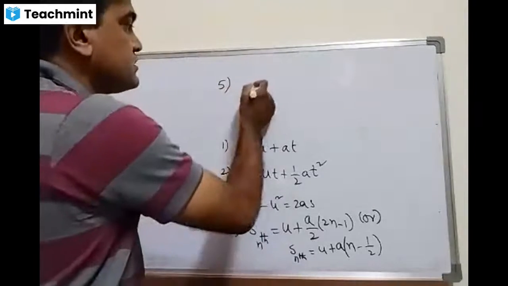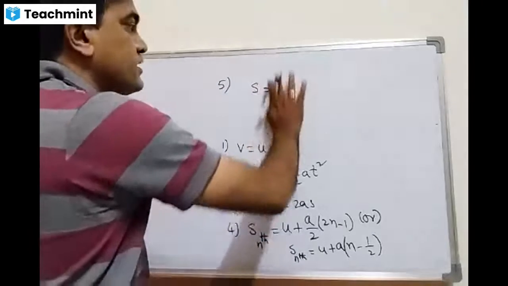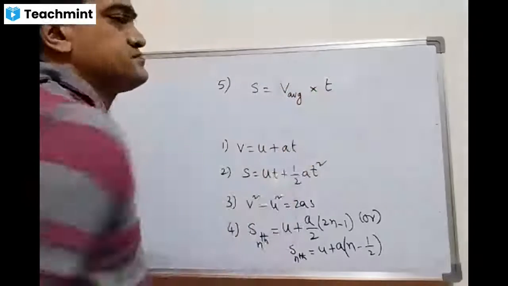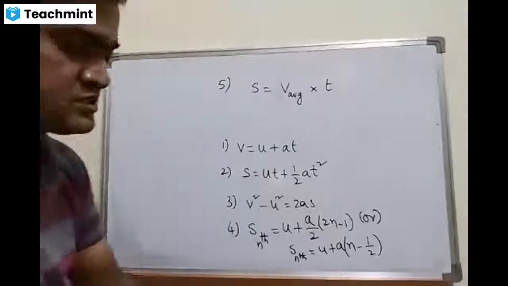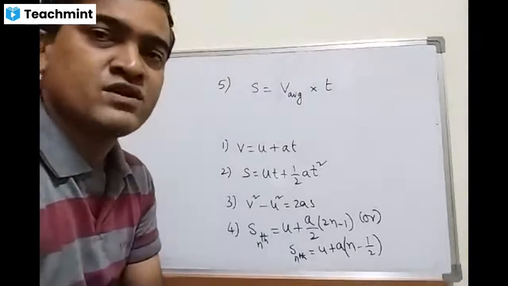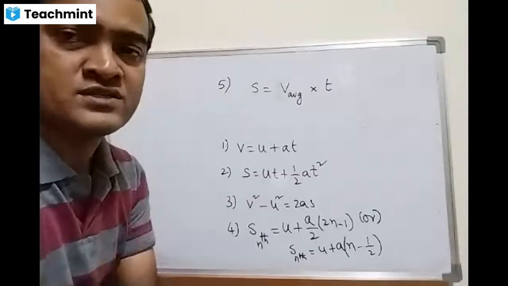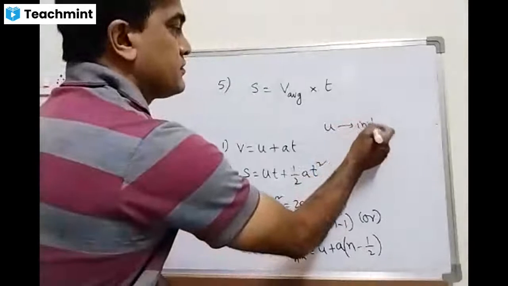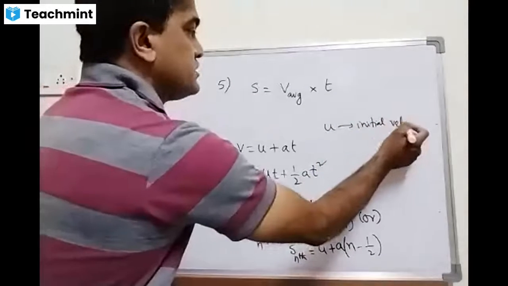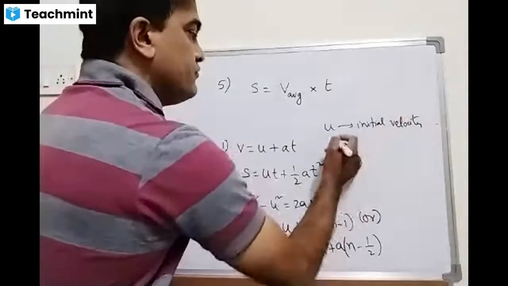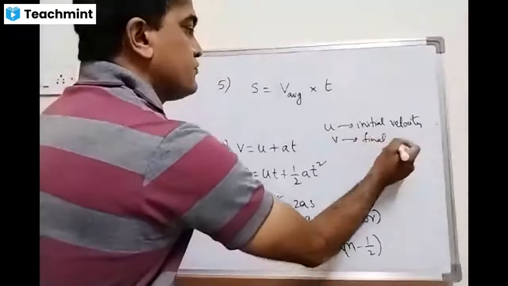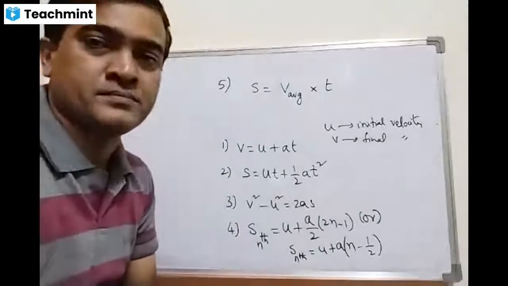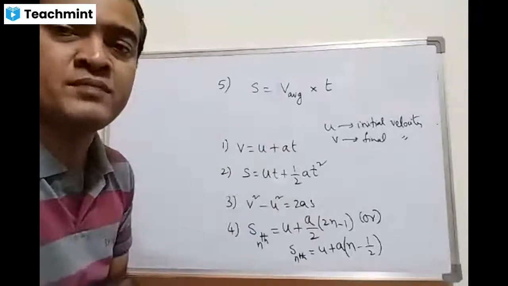Fifth one, let me take this first one as S is equal to average velocity into time. For example, if I give you two velocities, u as initial velocity and v as final velocity, then average velocity would become u plus v by 2.